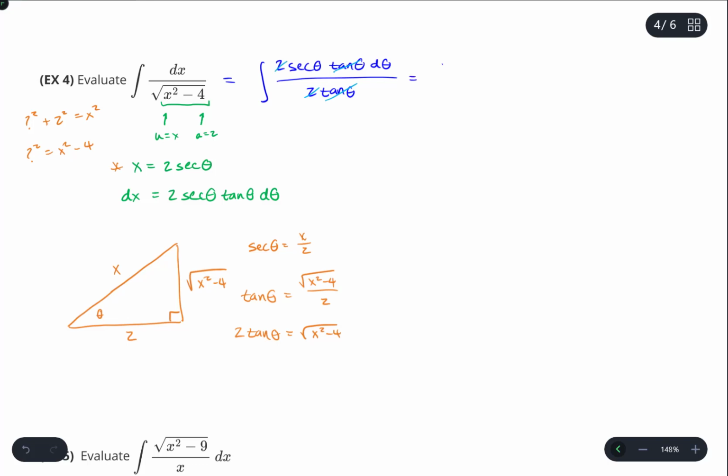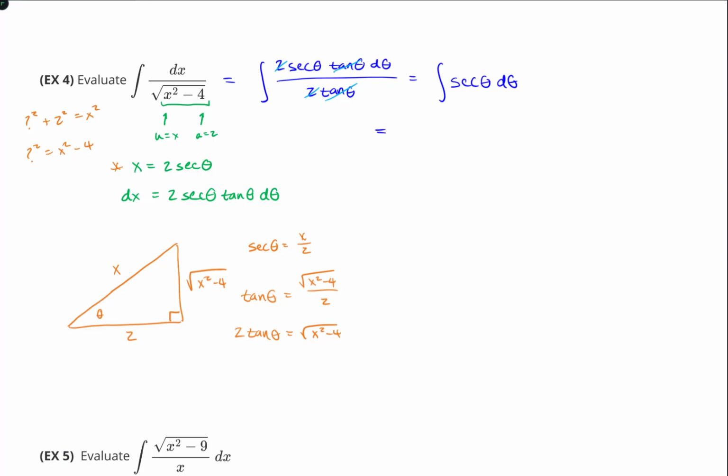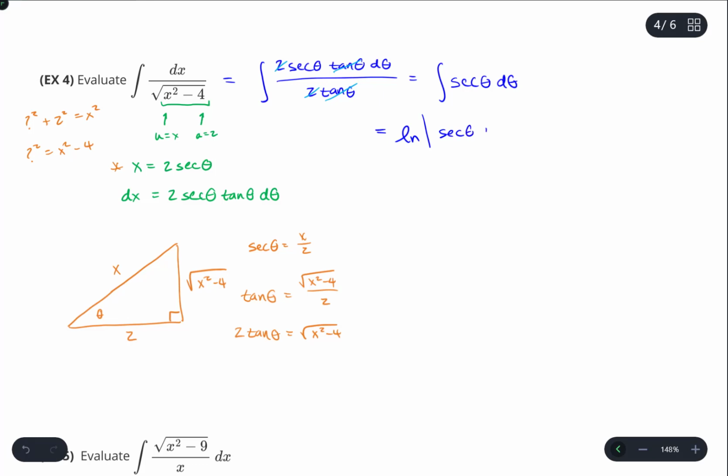So I'm really just left with the integral of secant theta d theta. Now, that is one of our basic rules of integrals. This is one that kind of gets forgotten from time to time, but you might want to look it up. It is the natural log, the absolute value of secant theta plus tangent theta.